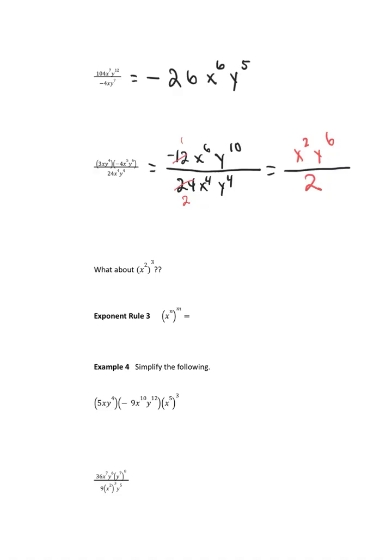All right, now one more scenario for this section would be like, what if I raise a power to a power? Well, if I cube something, right, because that's x squared cubed. So I would have 3 factors repeated of x squared. And so in that case, I would add 2 plus 2 plus 2 to give us x to the 6th.